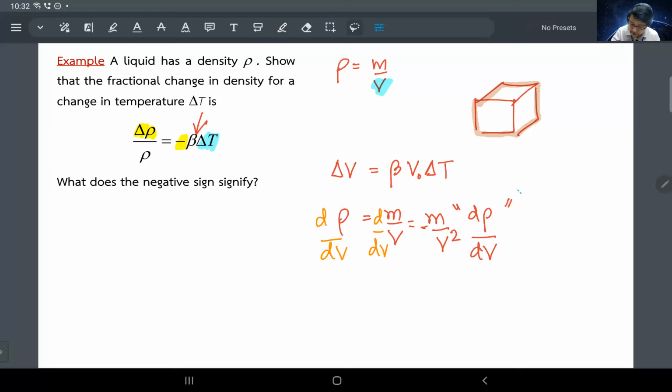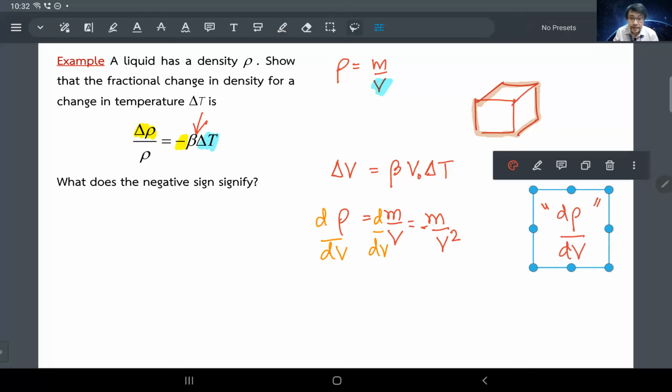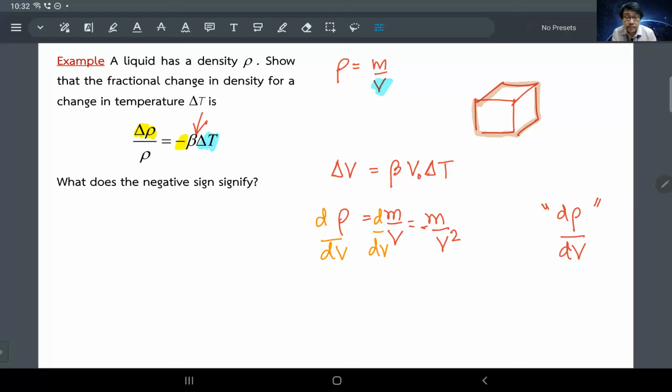Yeah, makes sense. So the negative sign comes directly from the calculus. The reason is because there is an inverse relationship between the V and the rho. So when you do the derivative, it automatically has the negative sign in front. Perfect. Calculus takes care of the relationship automatically.